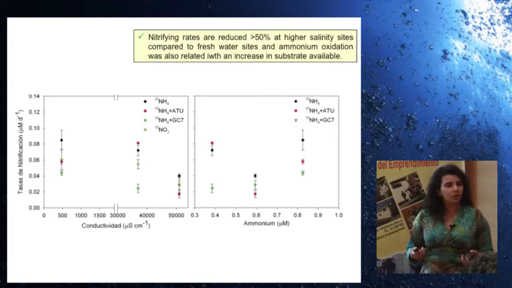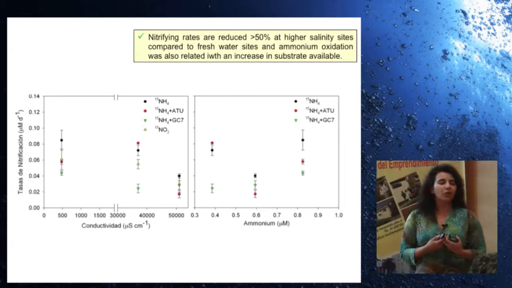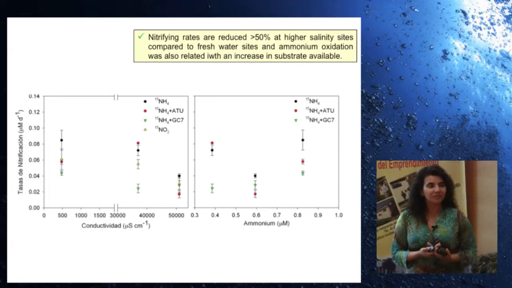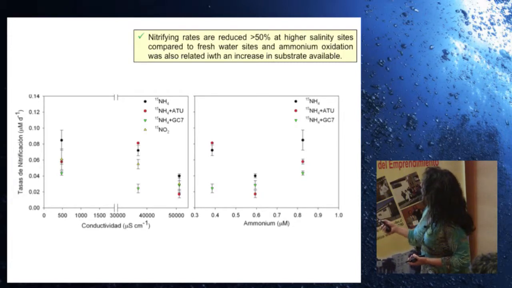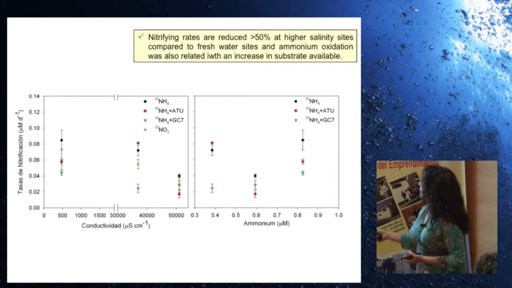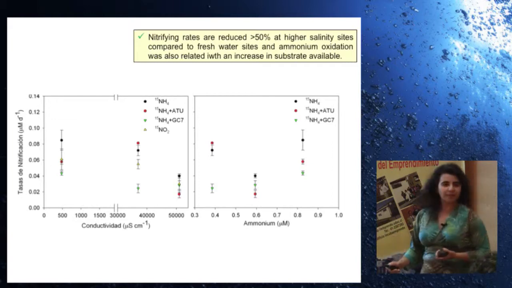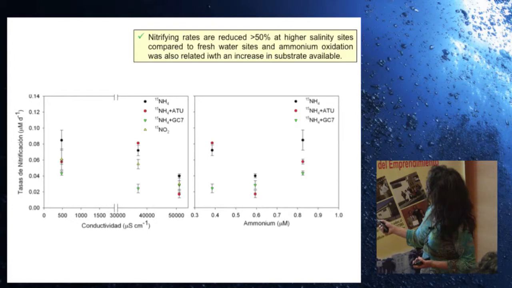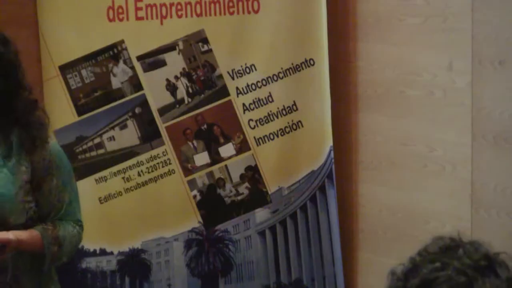But also in the case of tracer addition, it was possible to determine an increasing activity, mostly when using one of the inhibitors. This inhibitor, DC7, it's not an inhibitor, it's an antibiotic for archaea.